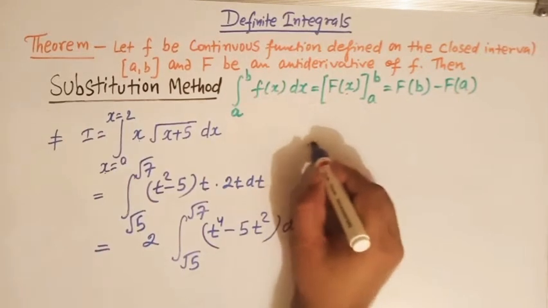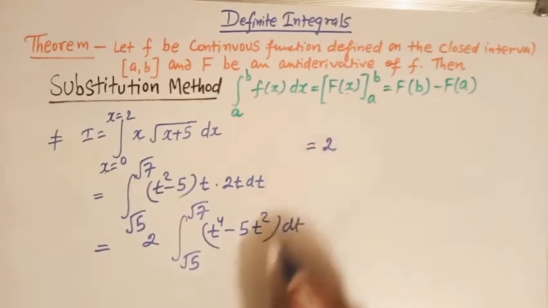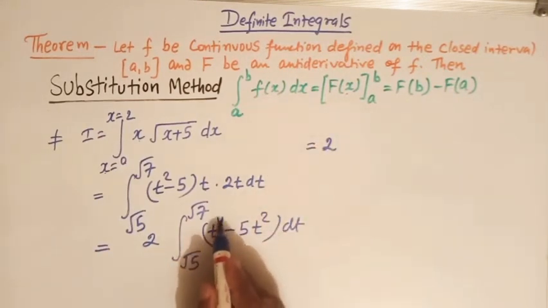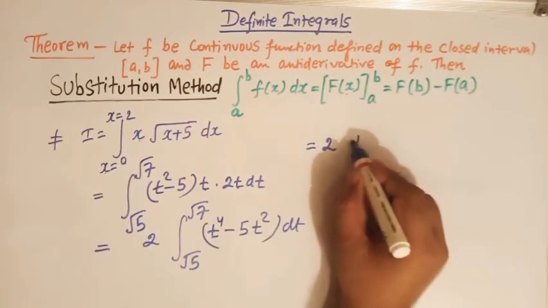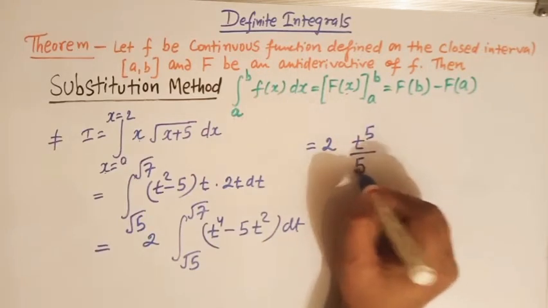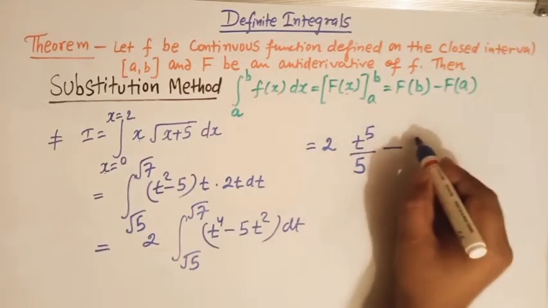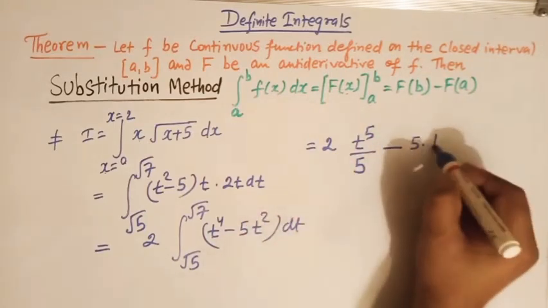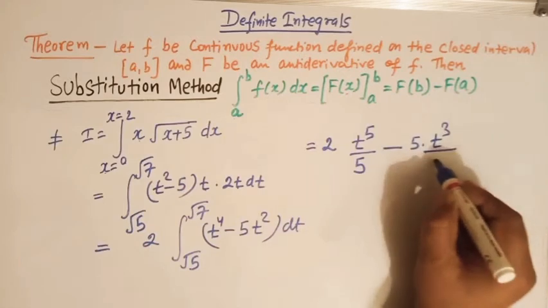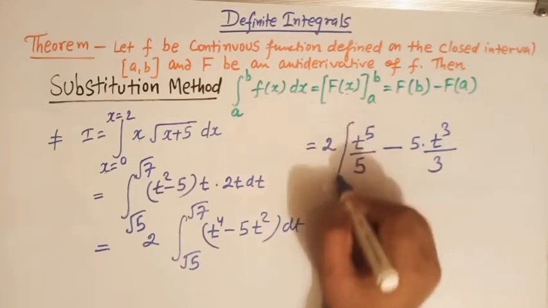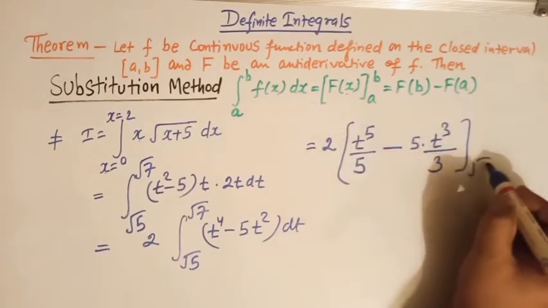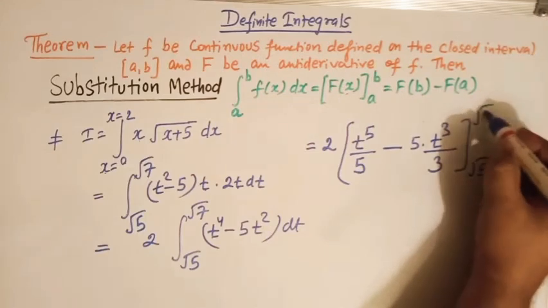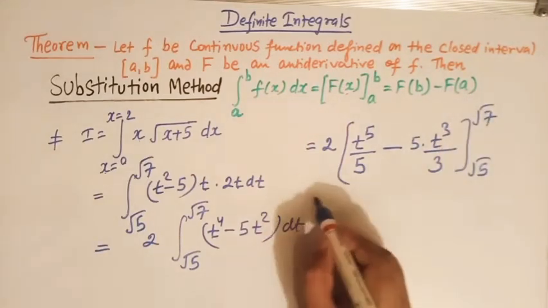Now the integral, here we have 2. The integral of t raised to 4 is t to the 5 over 5, and minus here we have 5. The integral of t square is t cube over 3, and we have from square root of 5 to square root of 7, right?